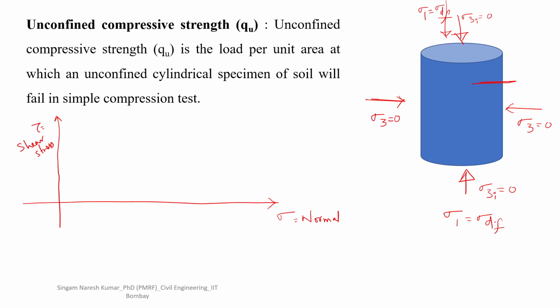At the end this will be sigma df and sigma df. The shear stresses on these planes are also 0. Let us take this as tau xy and this as tau yx, and both are 0.